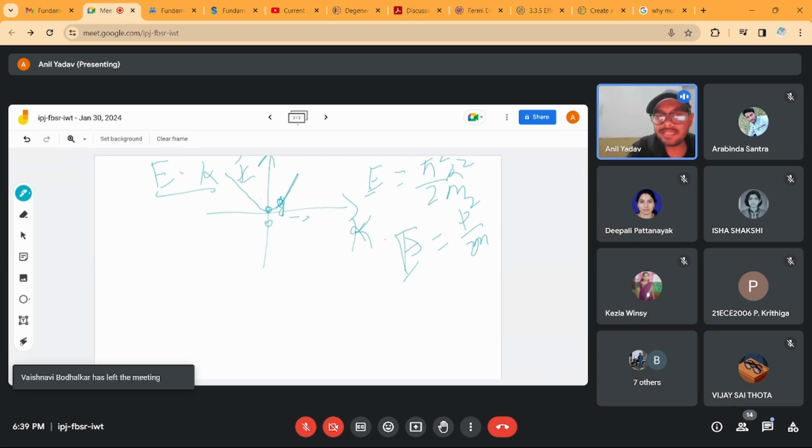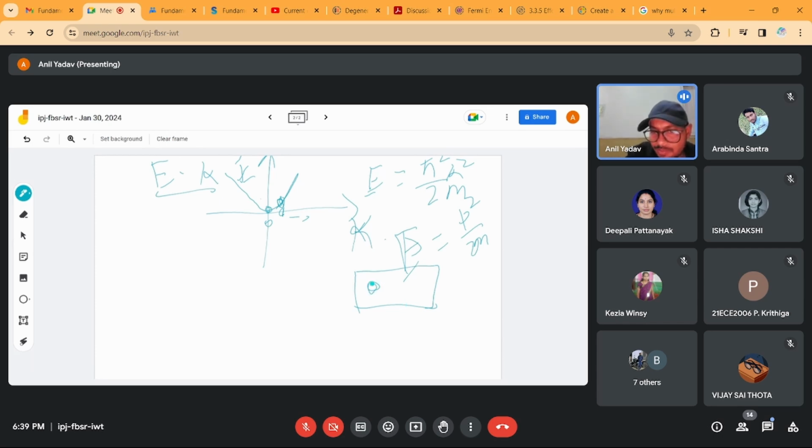So in the E-K diagram, at any particular point in real space, this is our material, and at this point there is an electron.